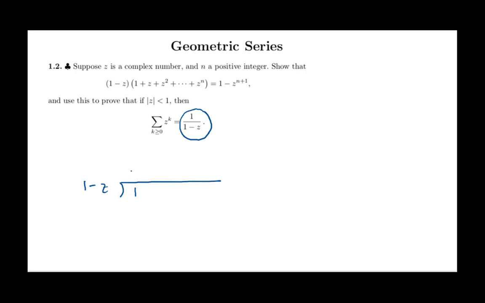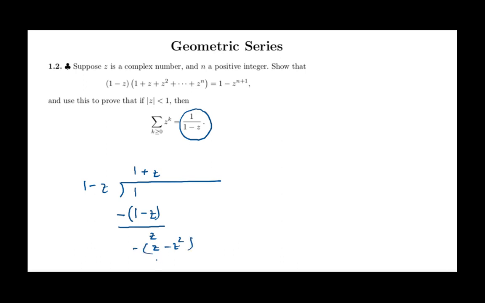So, okay, I think that starts with a 1, and so if I multiply this 1 by 1 minus z, long division says I need to subtract this from the 1 that I'm dividing into. So this here, I believe, gives me the polynomial z. And so now if I divide 1 minus z into z, I get z. Z times 1 minus z, well, that's z minus z squared.